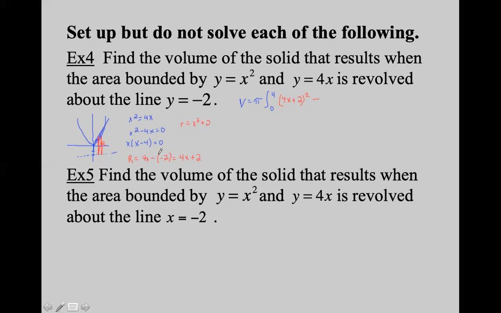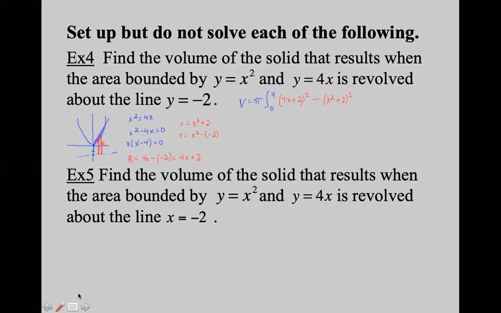They would accept this either way, as 4x minus a -2 or x squared minus a -2. Either one of those answers is fine. You'll see it written either way on the exam. This is kind of like the difference between the curve and the axis. It just happens to turn into addition. So I put that in here. That's my little r, so x squared plus 2, squared.